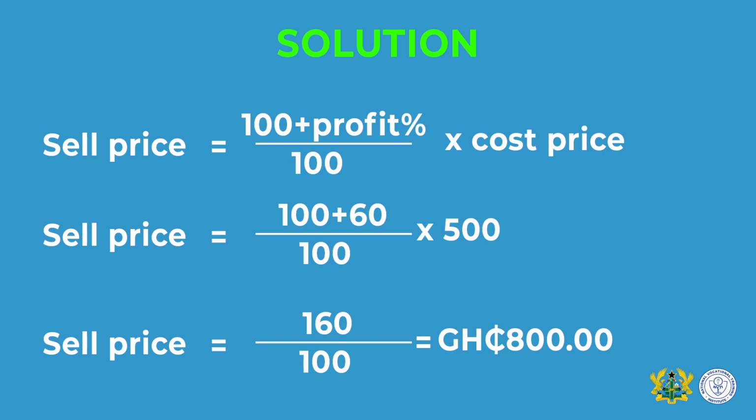But the question said we should calculate the selling price for each ball of banku. And this 800 Ghana cedis is the selling price for all the 50 balls. So we just have to divide this amount by the total number of balls to get how to sell one ball to achieve the 60%.